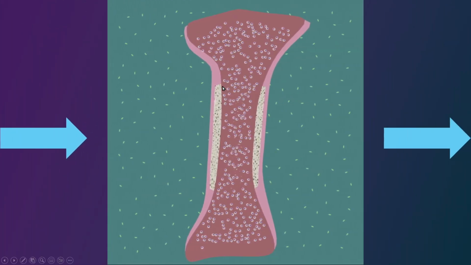Then the perichondrial cells, the chondrogenic cells in the perichondrium, are converted to osteogenic cells, which form the subperiosteal bone collar via intramembranous ossification.